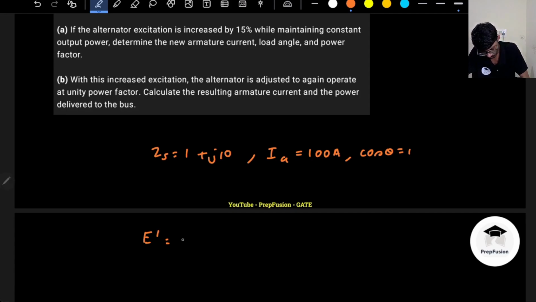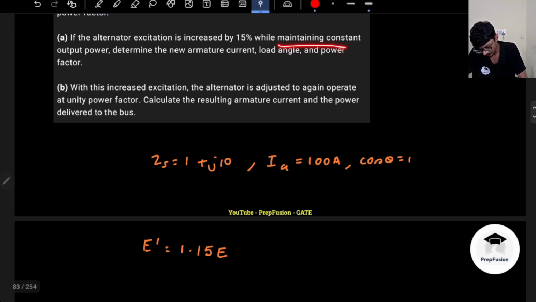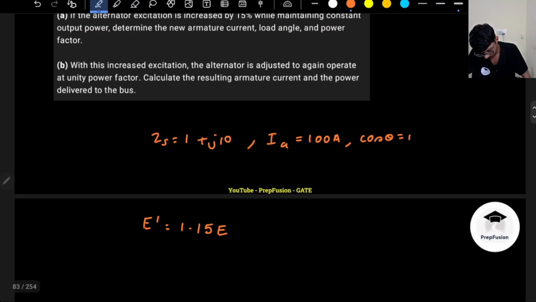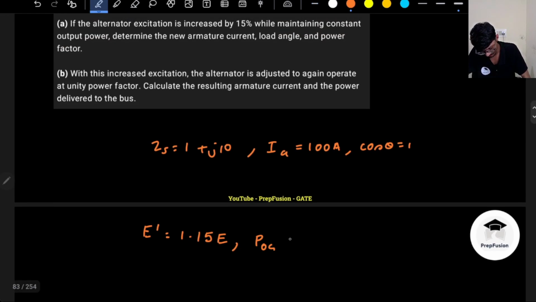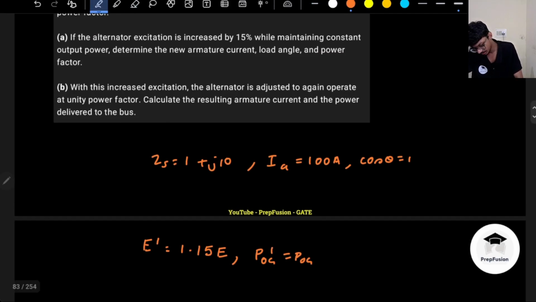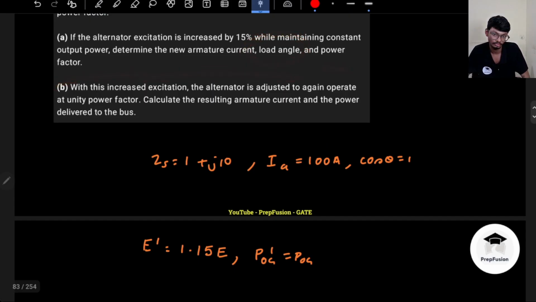So E dash will be 1.15 of the previous value, while maintaining a constant output power. That means POG is constant, so POG dash is equal to the previous POG. Determine the new armature current, load angle and power factor.